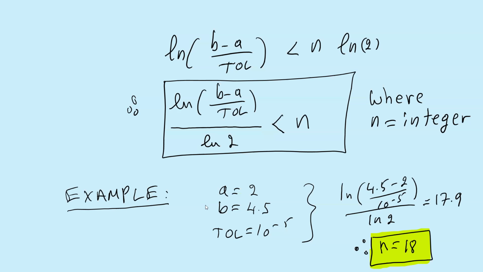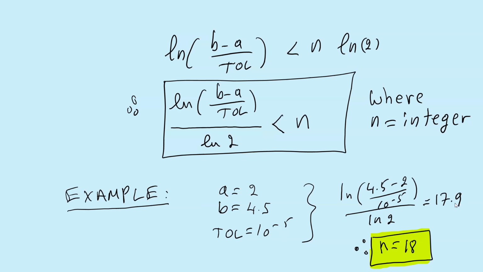For example, a is given as 2, b is 4.5, and the tolerance set by the user is 10 to the minus 5. When we plug into this equation, the answer is 17.9, and we have to round up.